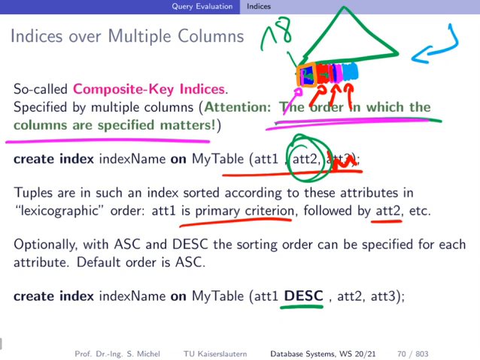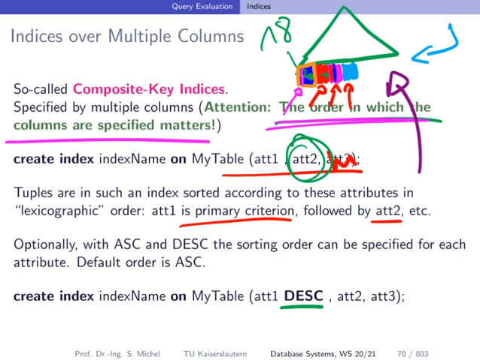Why is this? We will have an example, but now I have already drawn this. So if you have the above example with students or persons and the age as the primary attribute for our composite key and then followed by name, and we want to find all the students with name, I don't know, something in the middle, let's say Smith, right?